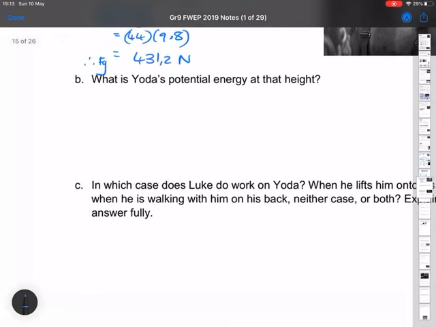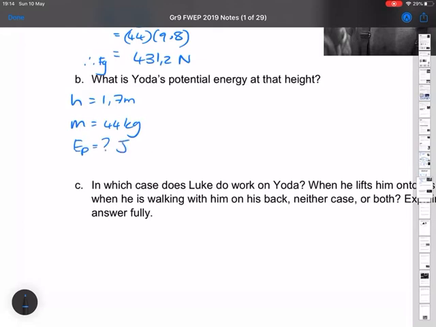What's Yoda's potential energy at that height? So the height that we had was 1.7 meters. So from the ground up to that height relative to the ground is 1.7 meters. Mass 44 kilograms, and they want to know the potential energy, EP.